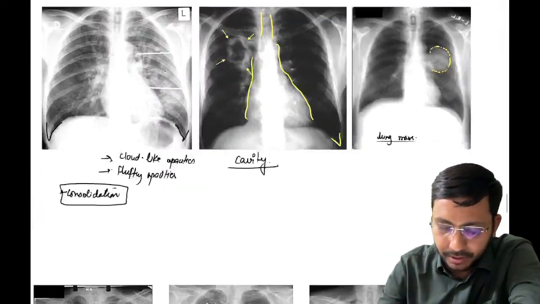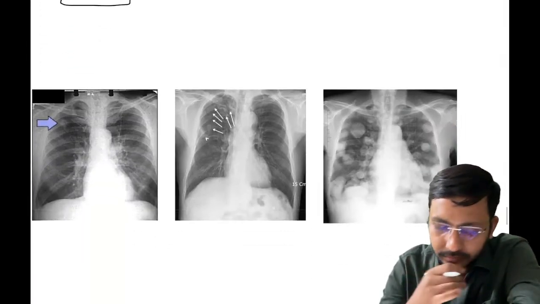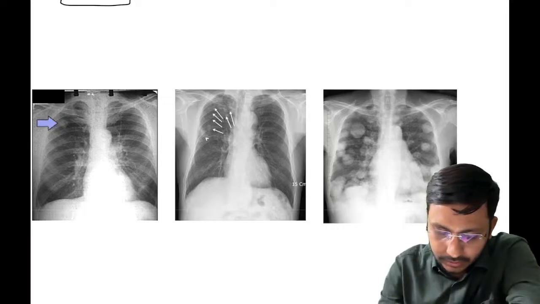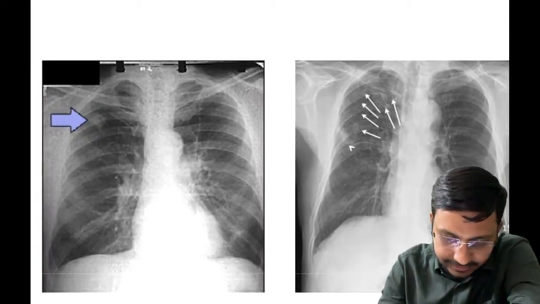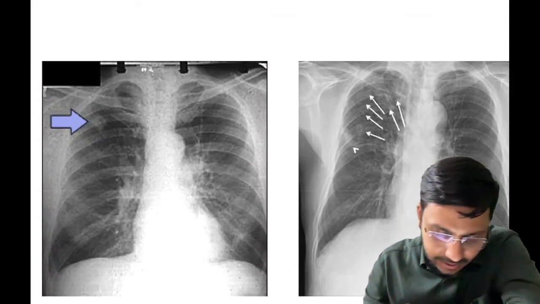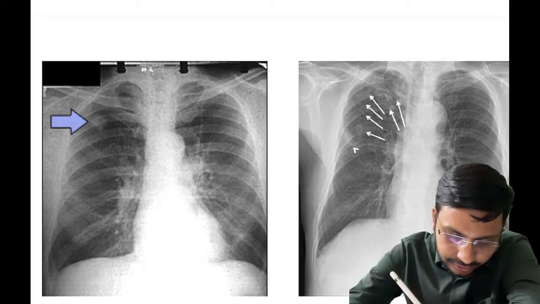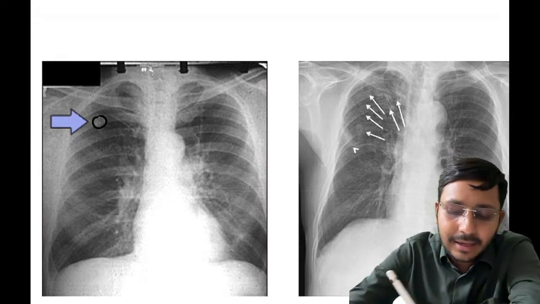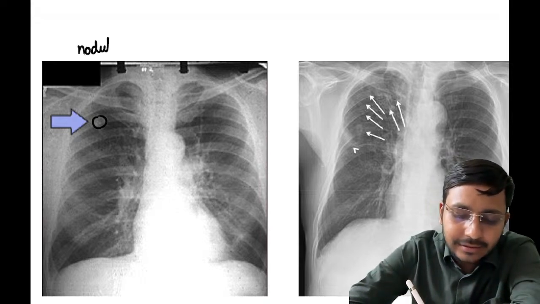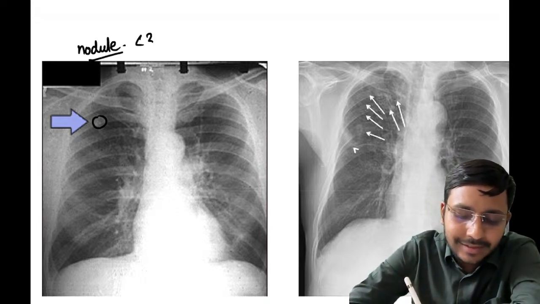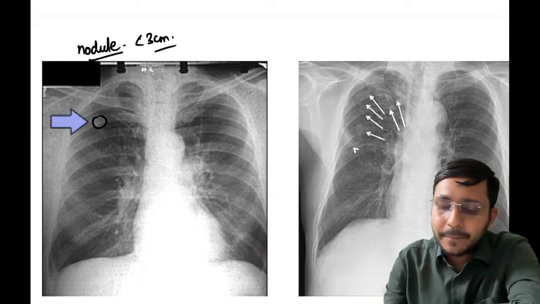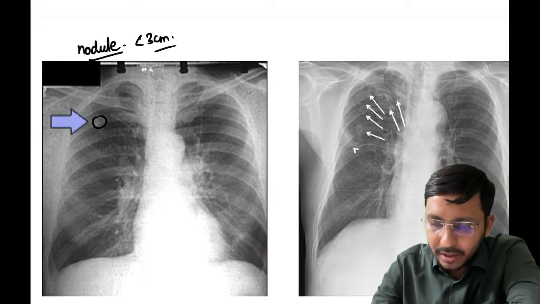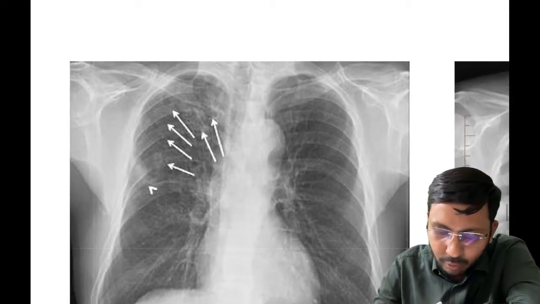Okay. Now let's look at this chest x-ray. What do I see here? I can see that there is this small nodule in the right upper lobe. I'll label this as a nodule because it is less than 3 centimeter. Now, in this chest x-ray, what am I seeing?